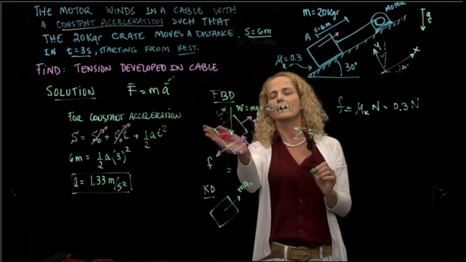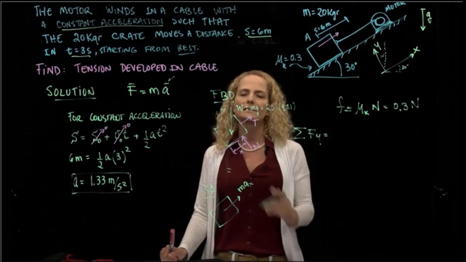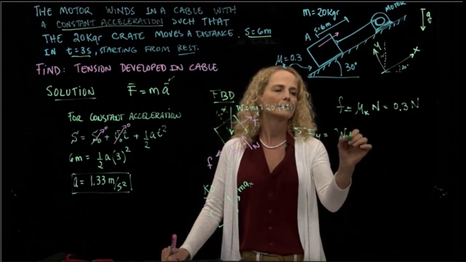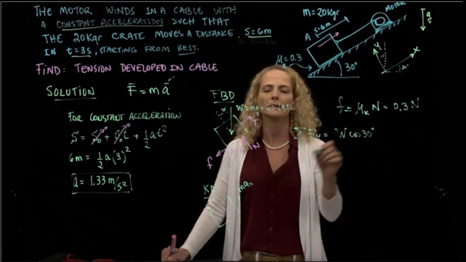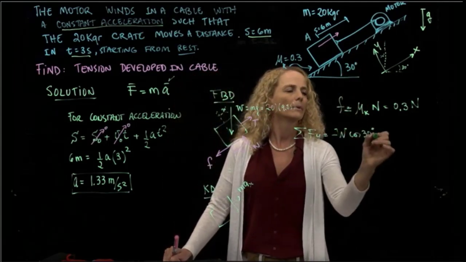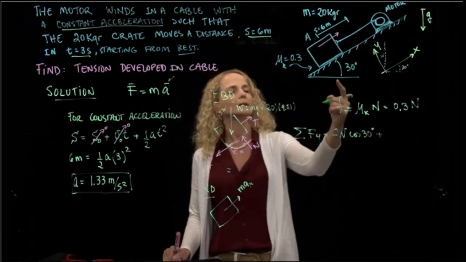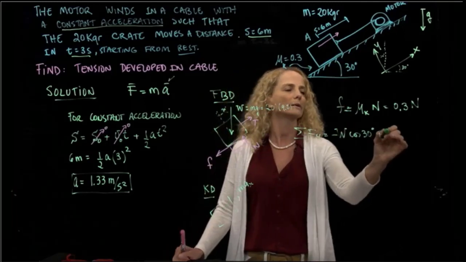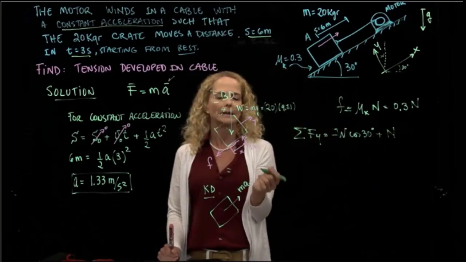So if I'm adding forces in the y direction, I have the weight times cosine of 30 degrees in the negative direction of y, plus the normal, which is perpendicular to my surface, so it is in the y direction, so I don't have to multiply by any angle.